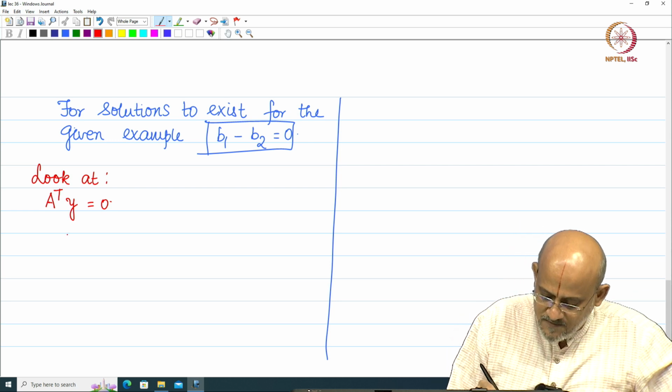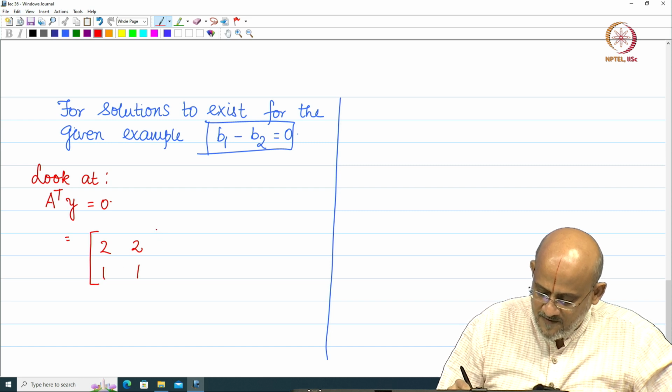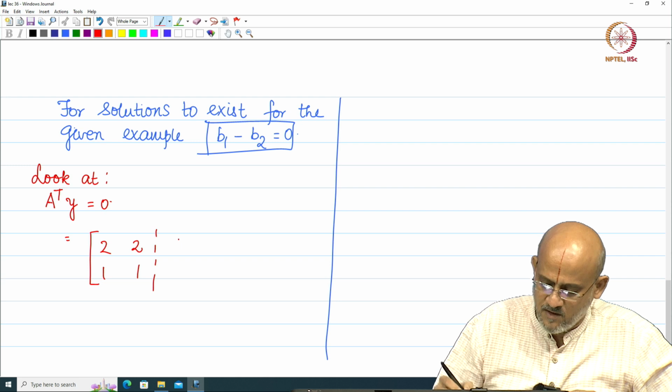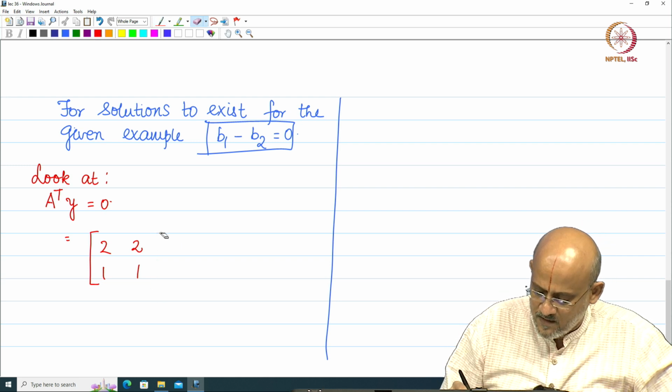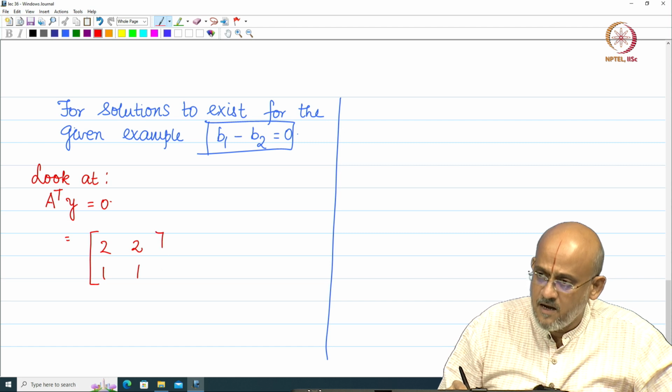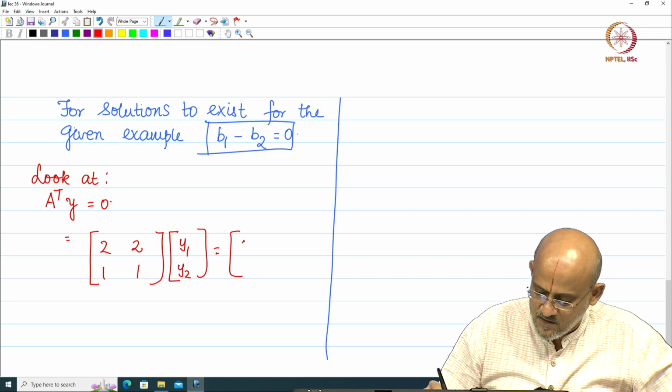A transpose is basically 2 2 1 1, and we wanted to look at the solution to this. So let us take 2 2 1 1 and y1 y2 is equal to 0 0.